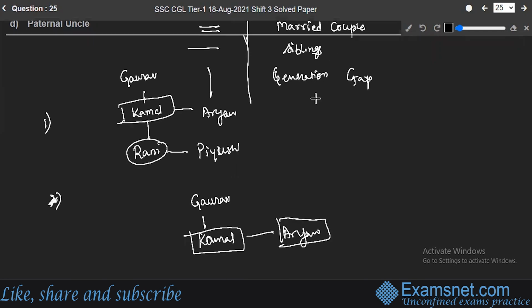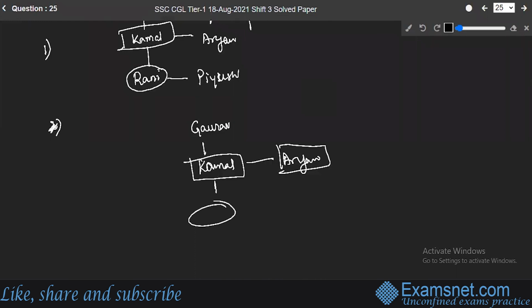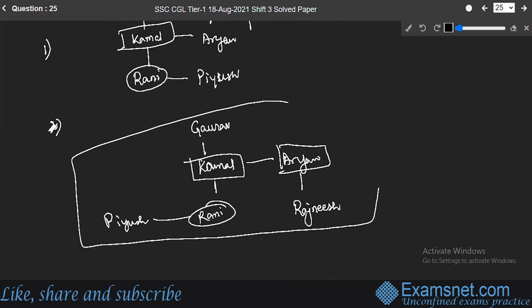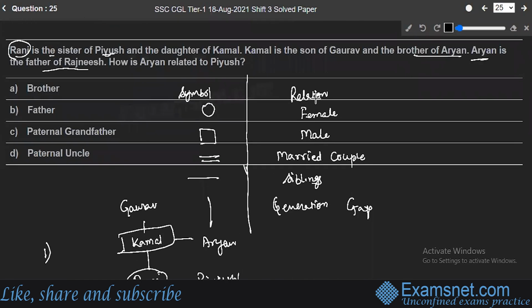Then here was Rani, female, and Piyush will come over here. Aryan is father of Rajneesh, so Rajneesh will come over here. This is the final table of the relationships according to our symbol table.